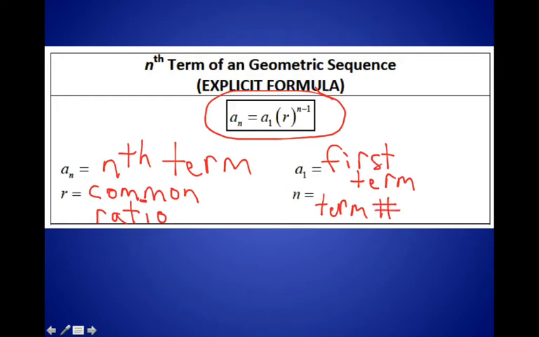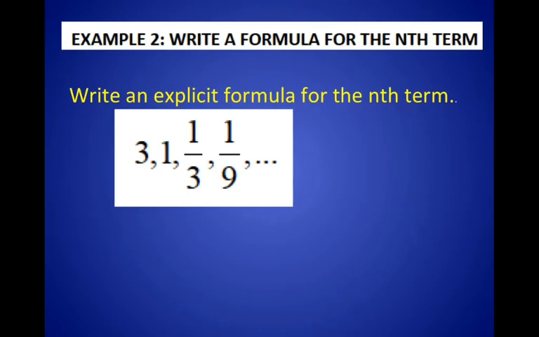Alrighty? So let's look at another problem. Okay, let's write a formula for this. So, just like yesterday, we're going to look to figure out what in the world is that common ratio. So let's look at it. So it looks like we take 1 and divide it by 3.